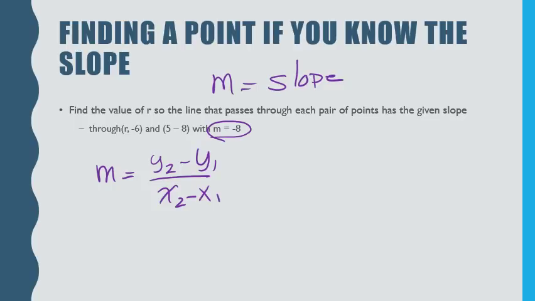Okay. If I substitute in, I'm going to get -8 for my slope equals -8 minus -6 over x2 minus x1.